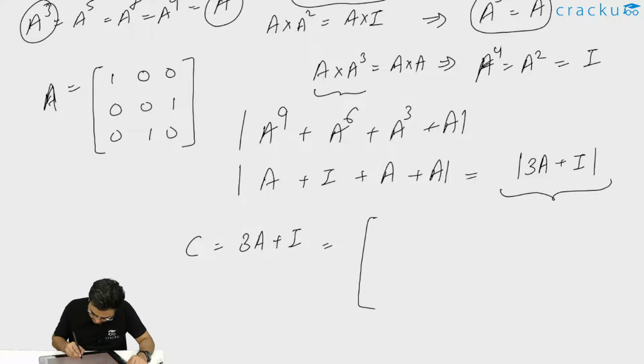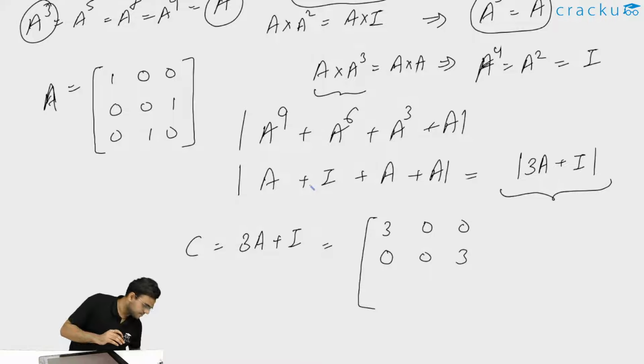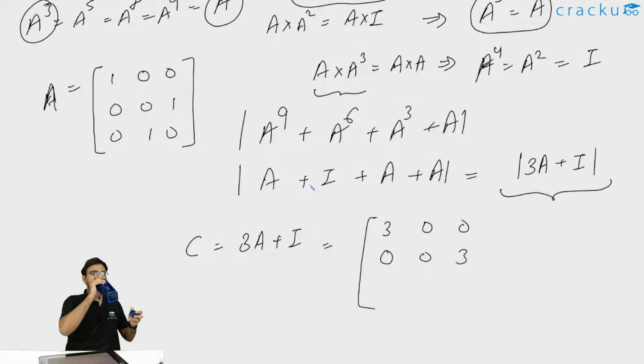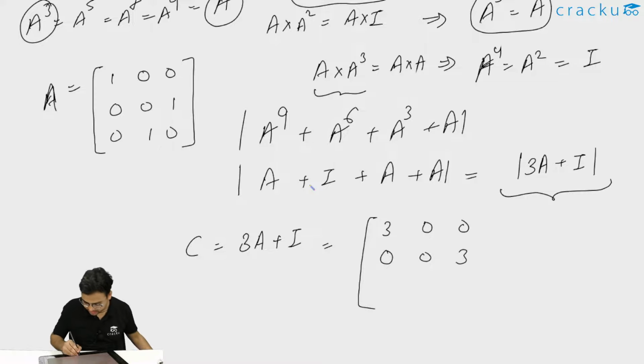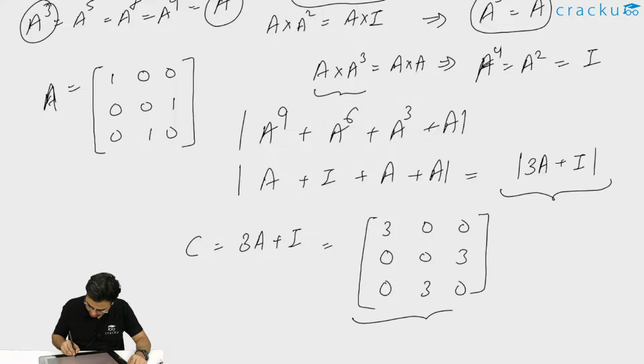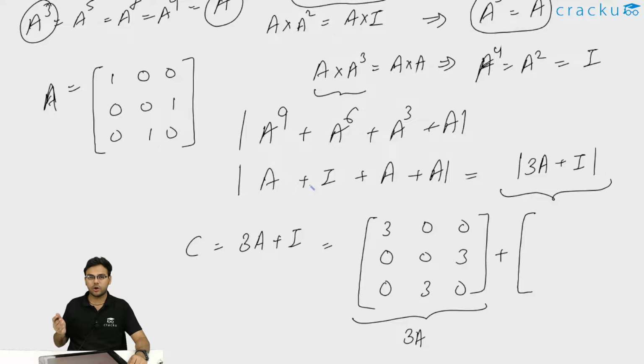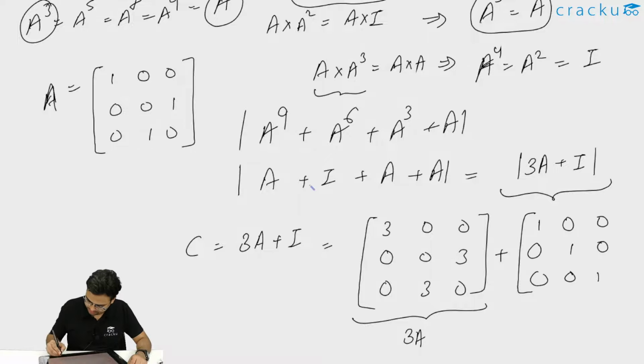So this will be [3 0 0; 0 0 3; 0 3 0]. This is 3A, plus I. I is basically the identity matrix of 3 cross 3 order, so this will be [1 0 0; 0 1 0; 0 0 1].